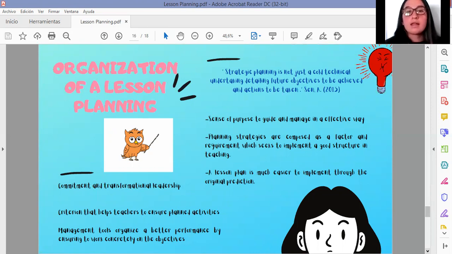By creating a lesson plan, it is easier to implement through the original predictions. The elaboration of a strategy through commitment and transformational leadership promotes that.